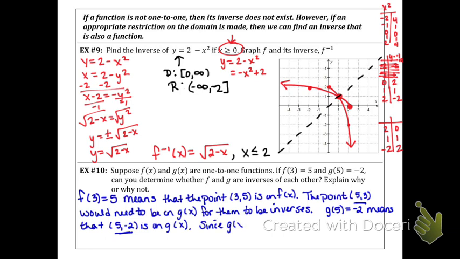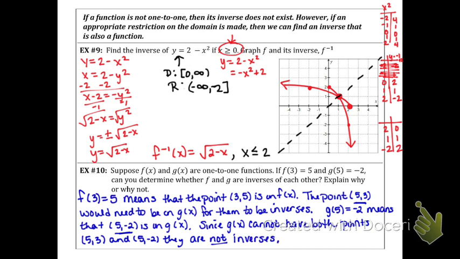So since g of x cannot have both points, because if g of x had both of these points, it wouldn't be a function to begin with because the x would be repeated.